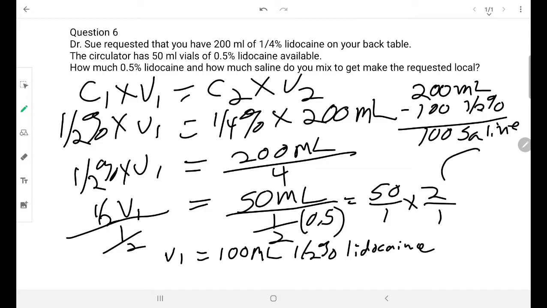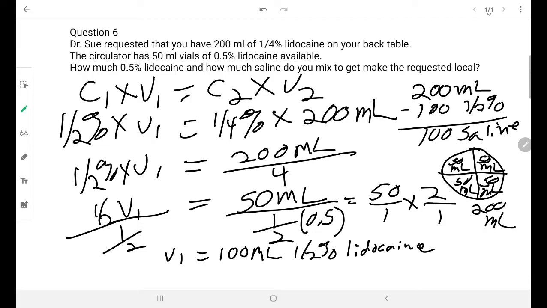So let's put this together, and let's make this into quarters. Each one of those is going to be 50 milliliters. So we can look at this visually. So that is our total of 200 milliliters.